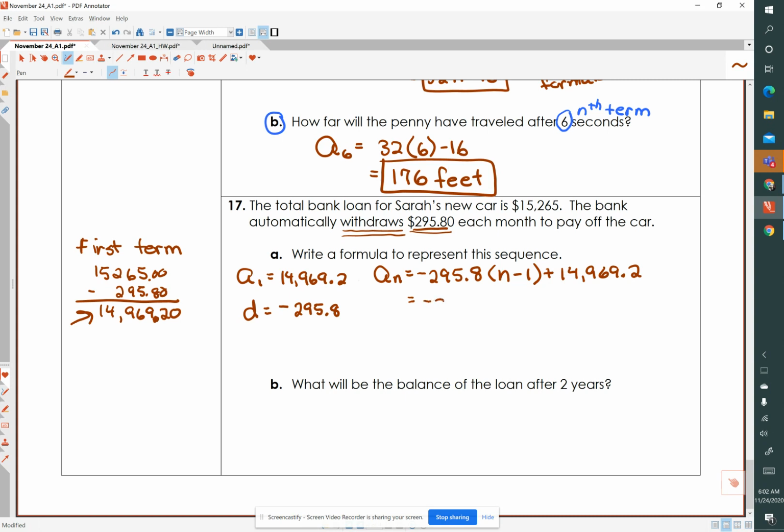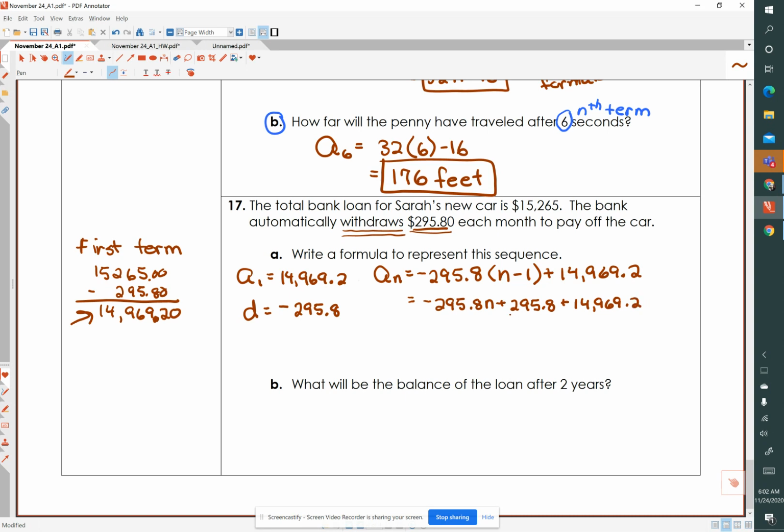So negative 295.8n, negative times a negative is a positive, so plus 295.8 plus our first term, 14,969.2.